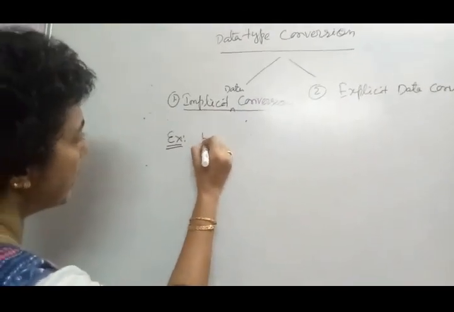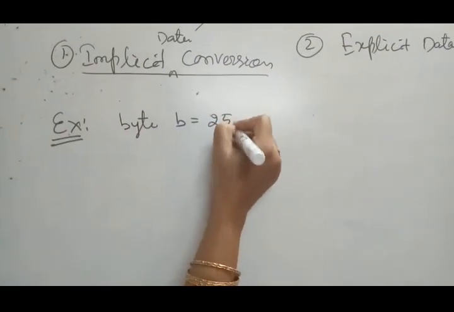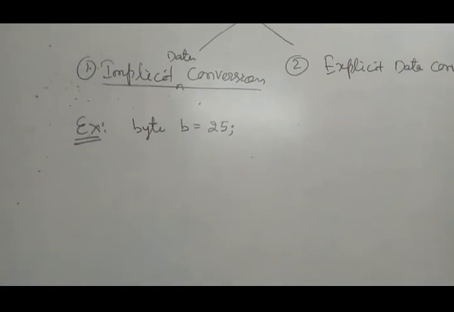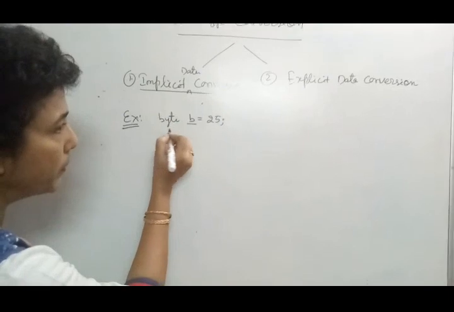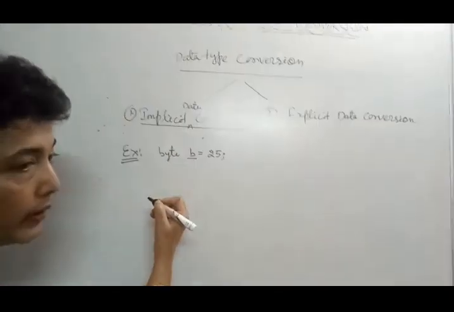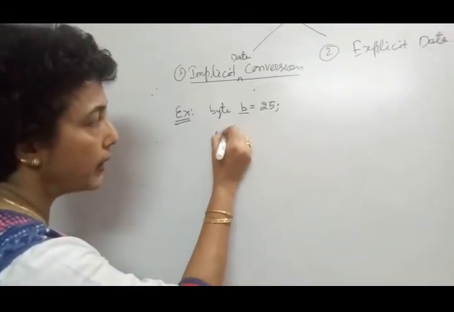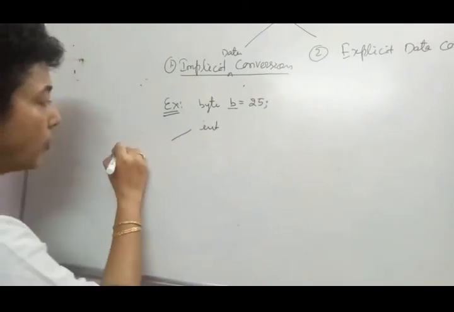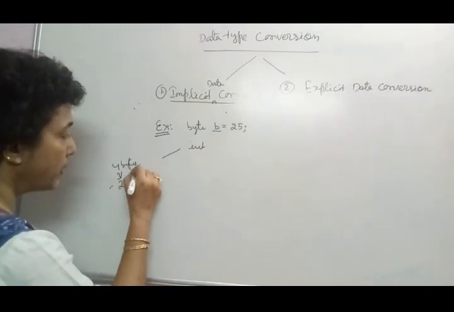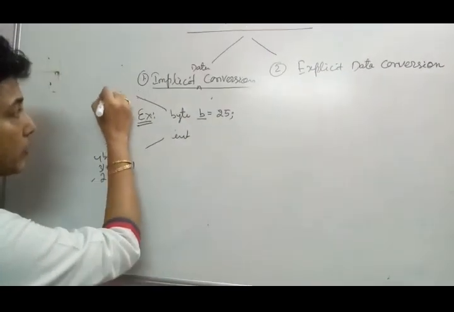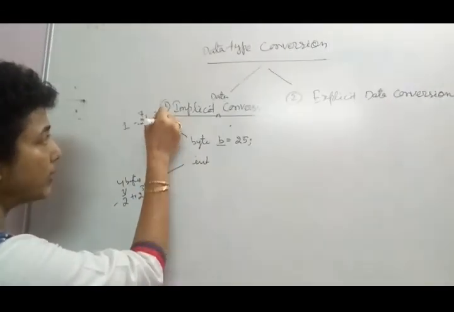For example, I have a variable byte b equal to, let us say, 25. I want to convert this variable that is originally of type byte into a variable of a higher data type, for example int. Int is higher than byte because int needs 4 bytes in memory and its range is also more, minus 2 to the power 31 to 2 to the power 31 minus 1, whereas byte occupies 1 byte in memory and its range is minus 2 to the power 7 to 2 to the power 7 minus 1.